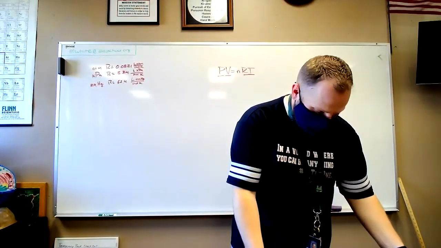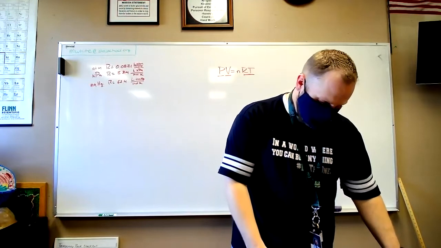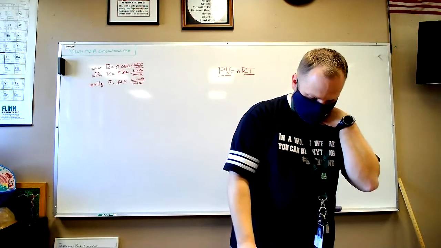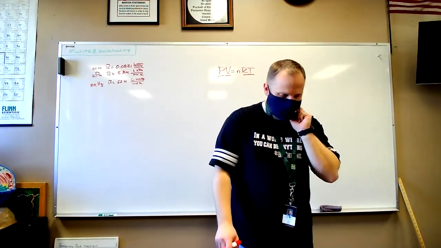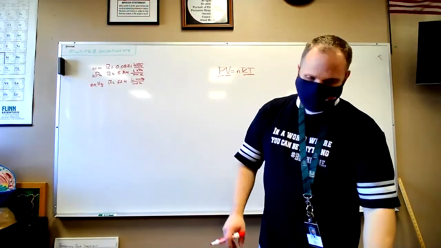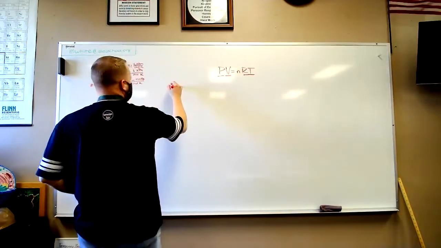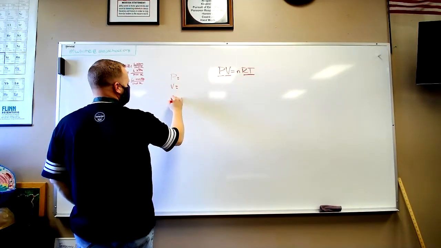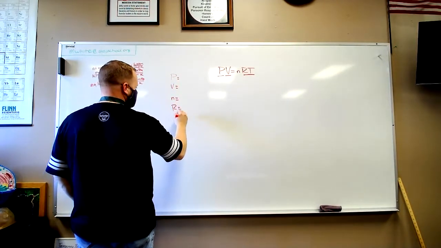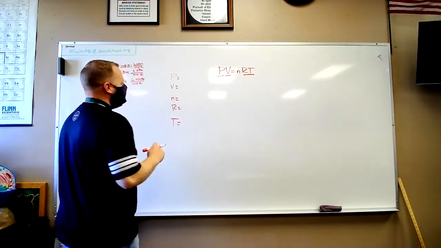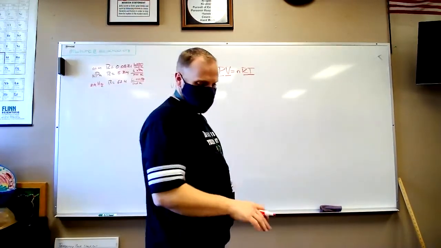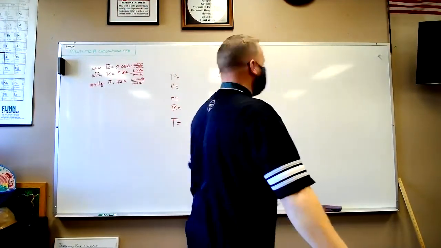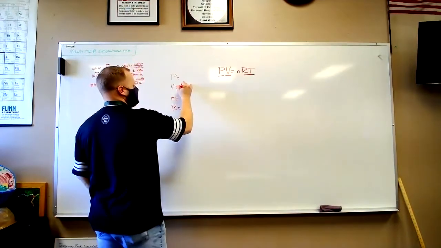Once again, we do want to use Kelvin. Celsius having 0 and negative numbers will throw everything off. So let's fill in what we know. The problem tells us we have a 3 liter vessel, so that's our volume.